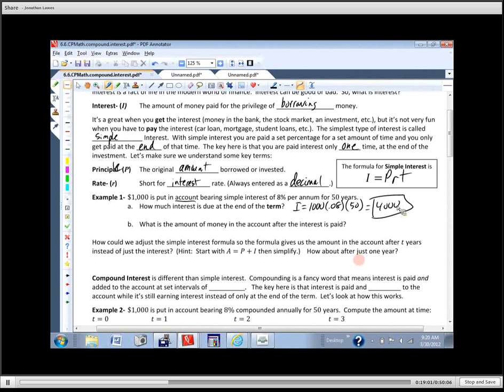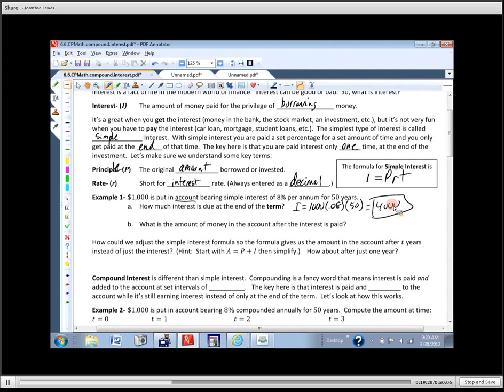This formula only computes the amount of interest that the bank's going to pay us. Now, again, for the first year and the second year and the 10th year and the 49th year, there was $1,000 sitting in that account. When did we get that extra $4,000? At the very end of those 50 years. So $1,000 sat in there for 50 years, and at the very end we said, hey, we'd like our money and our interest.